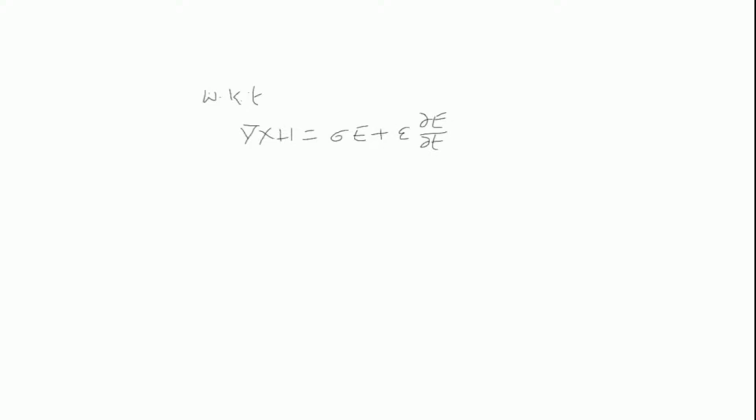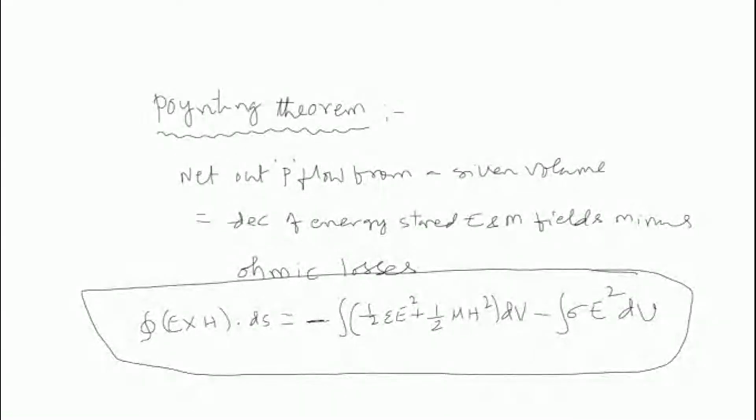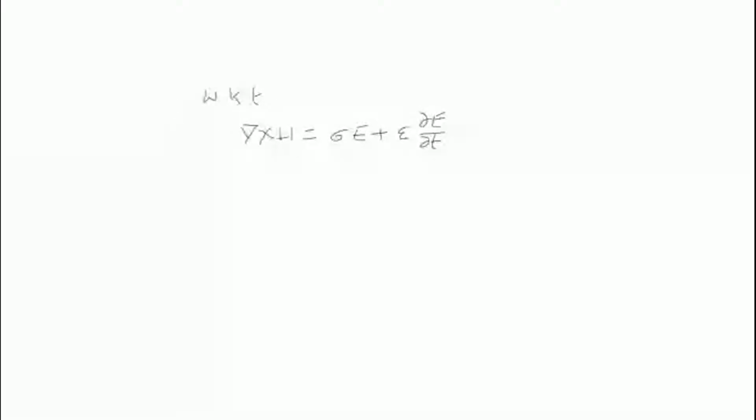This is one of Maxwell's equations. But if you see the Poynting theorem equation, we have sigma E square. In order to get the proof of this equation, here we have sigma E.